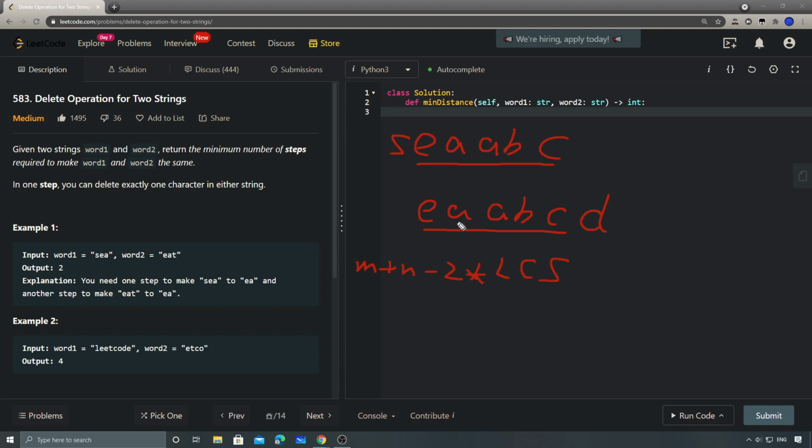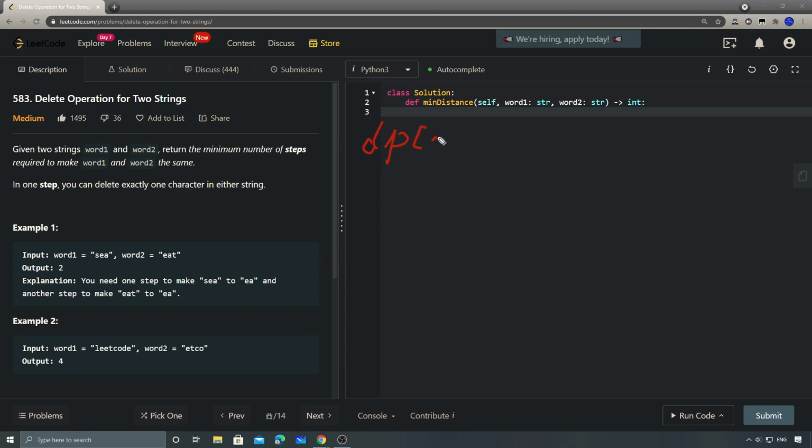So now, in order to find the longest common string, that's a very classic DP problem. This is a very typical two-string DP problem. If we ever want to solve a two-string DP problem, we always want to define a two-dimensional DP, DP i and j.